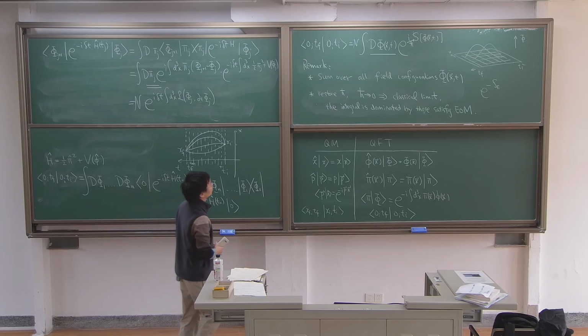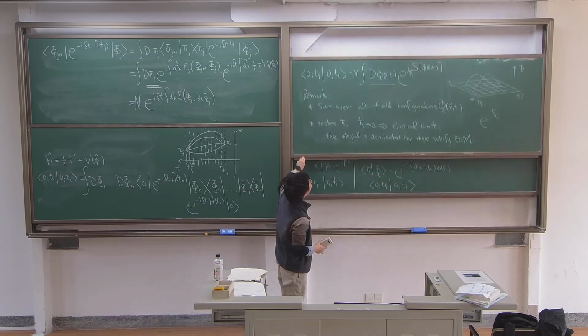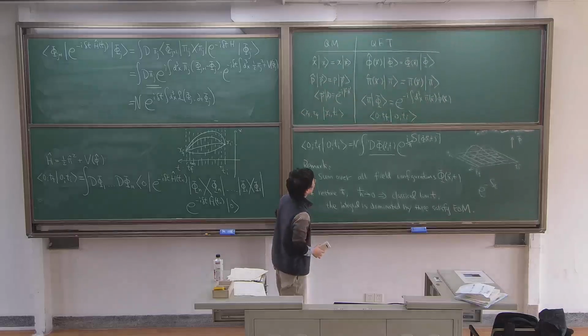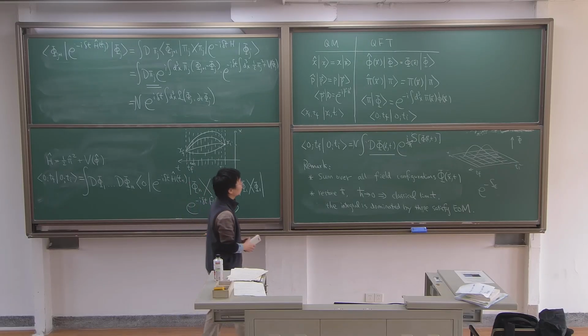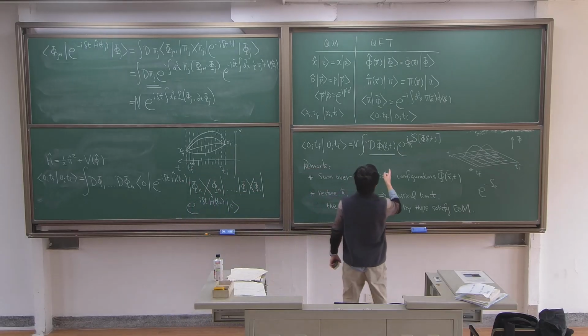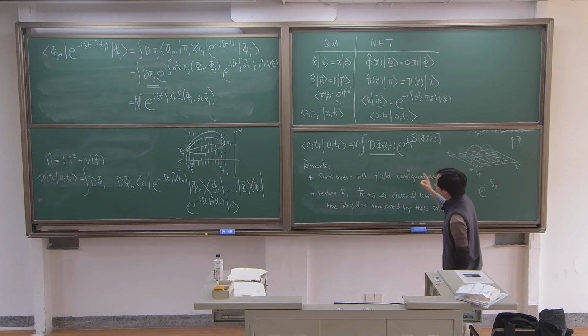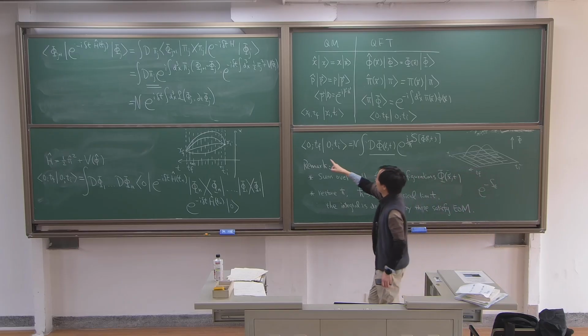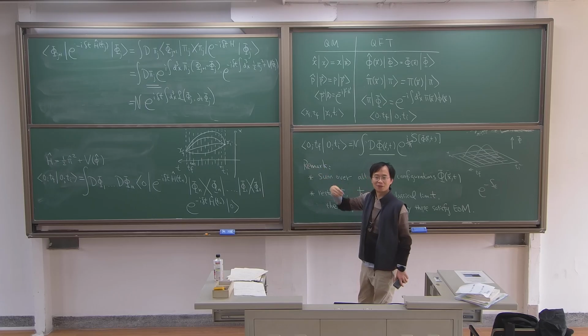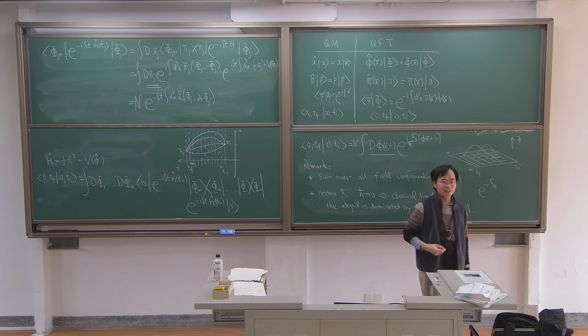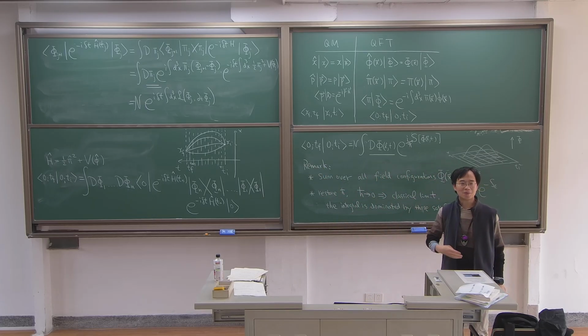Maybe one more comment: if you look at this formula carefully, it's a little magic, because on the left hand side we have some state. We defined the field theory state very carefully in the beginning of this course, using this a, a dagger to build up the Hilbert space, so we know what the states in field theory are.